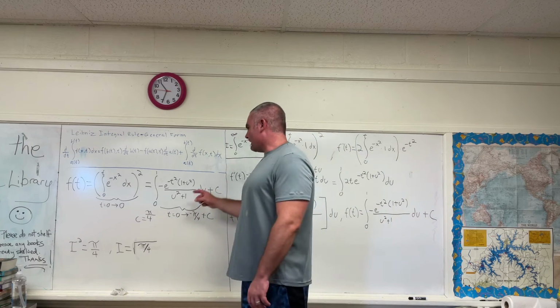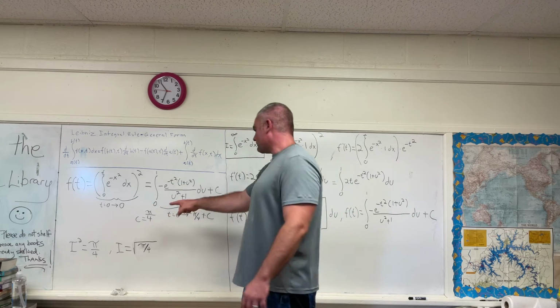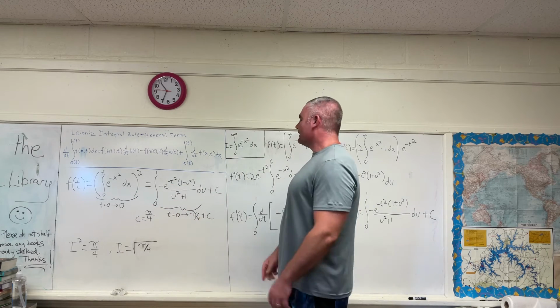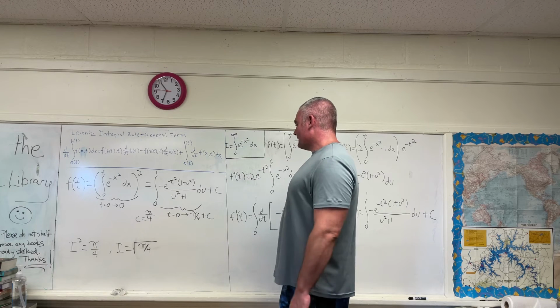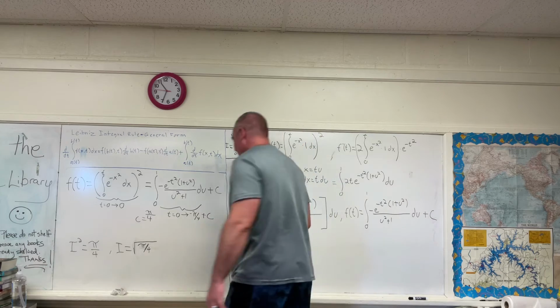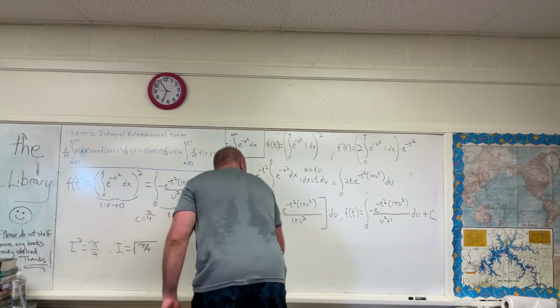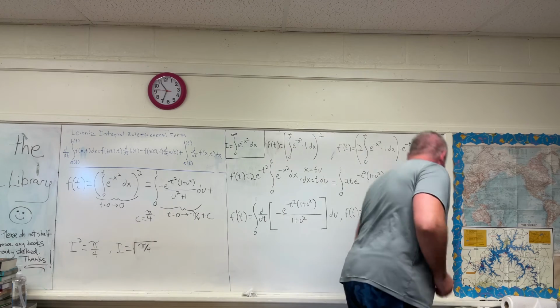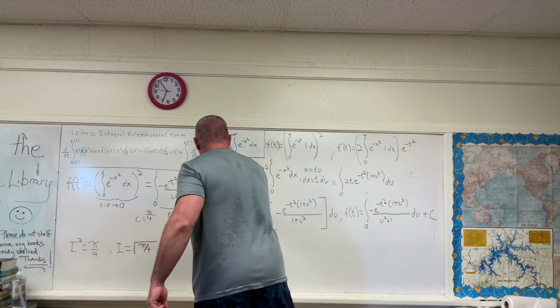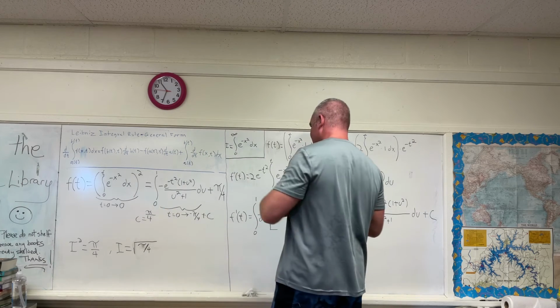So again, taking t equal to 0, we get that 0 is equal to negative pi over 4 plus c, giving us that c is equal to pi over 4. And I'm just going to go ahead and write that in right now. We know that c is pi over 4, so we'll just put it there.